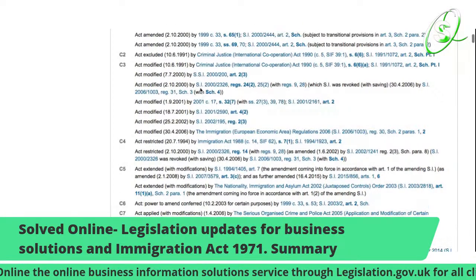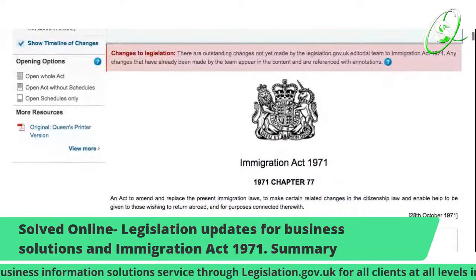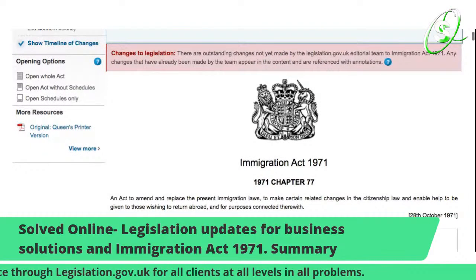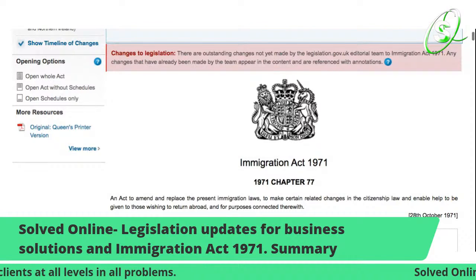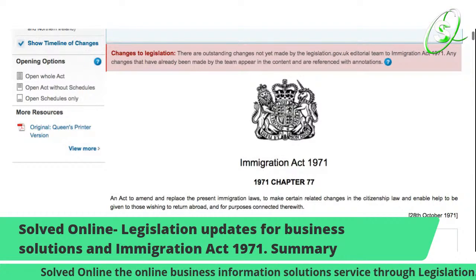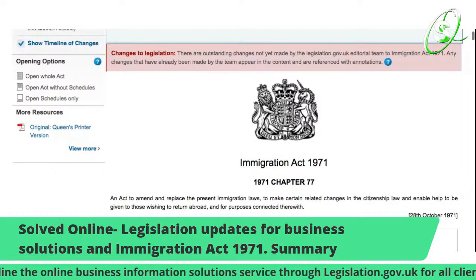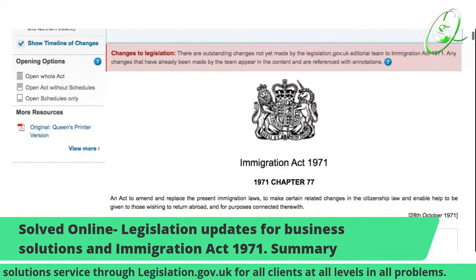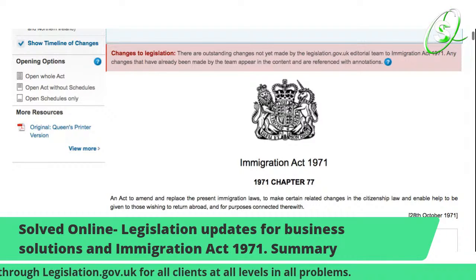So listen, it's the Immigration Act 1971, an act to amend and replace the present immigration laws, to make certain related changes in the citizenship law, and enable help to be given to those wishing to return abroad, and for purposes connected therewith.